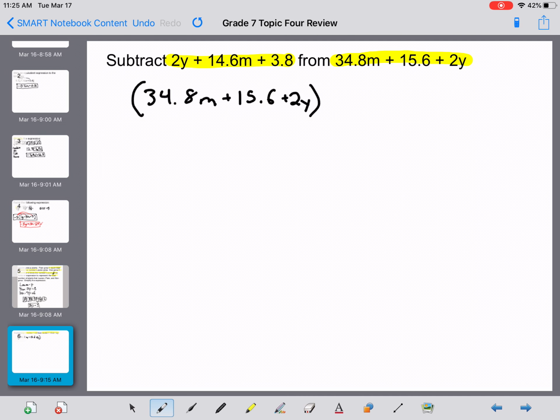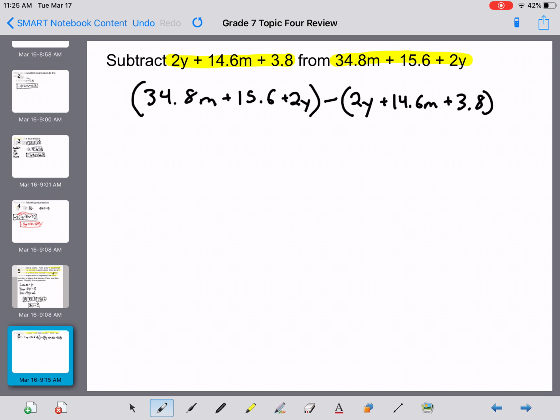And I'm going to keep that in parentheses. That is what I'm starting with. And then I am subtracting from that the 2y plus 14.6m plus 3.8. And I am also putting that in parentheses.